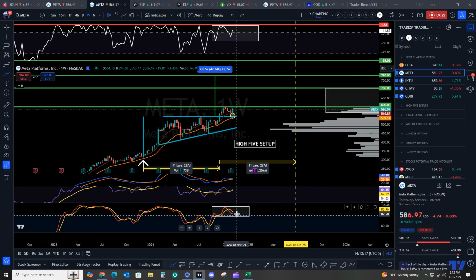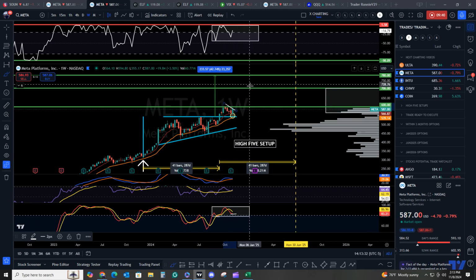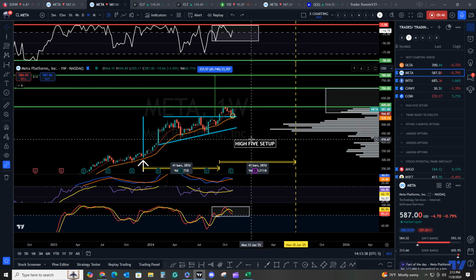So we have our high five setup. Some people might be like, well, what about that? I'm not worried about that because as you can see right here, it's still a higher high, right? We had this little bit of a pullback here, and I believe that we're about to pop over that like we're getting close to doing, and we'll continue to run. Everything else is pointing in our direction.